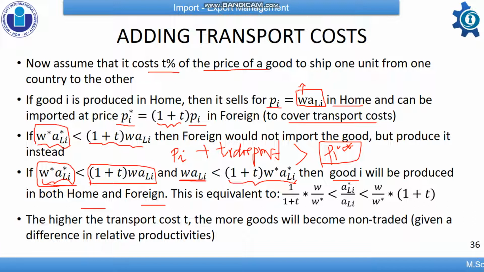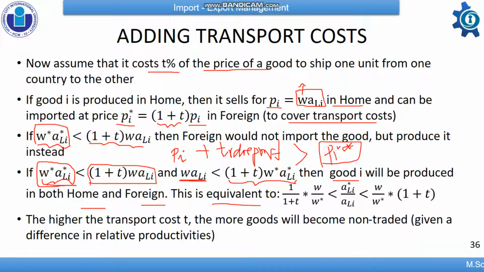So they will prefer producing that product by themselves if the price they produce it at in their country is less than the imported price.